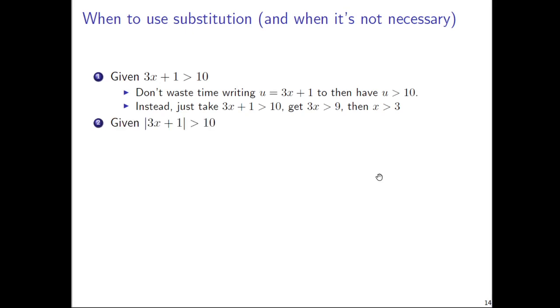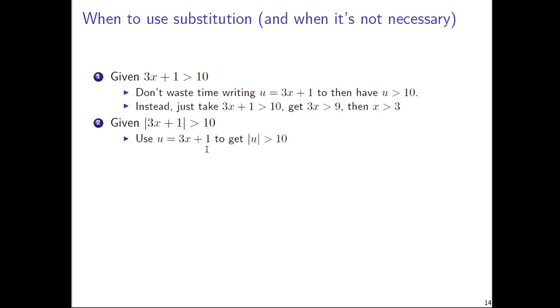Now, if you're given absolute value of 3x plus 1 is greater than 10, then it really makes sense to say that u should be 3x plus 1 so that you get this much nicer looking problem: absolute value of u is greater than 10. So you go from this kind of wacky looking absolute value inequality where there's a lot of stuff in the absolute value to just having the new variable in the absolute value, and that's because we made the new variable equal to all the stuff that used to be in the absolute value.